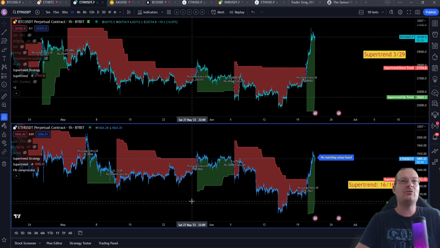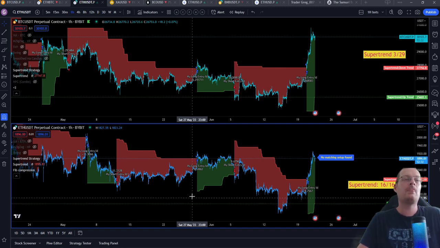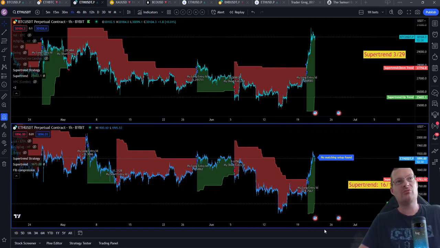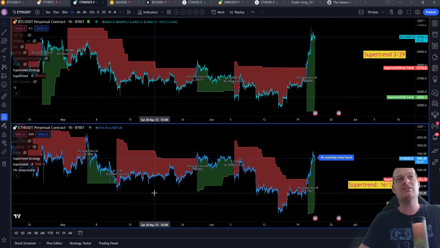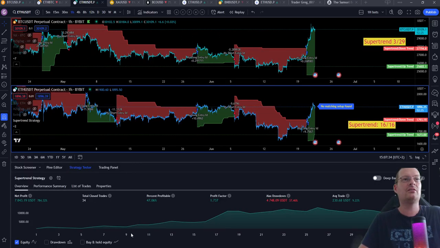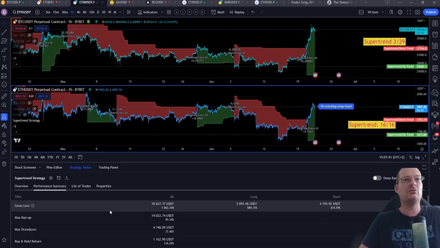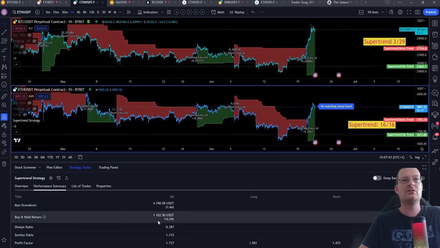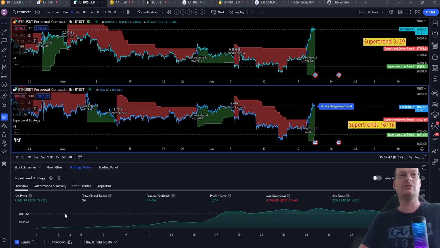So this is one you have to watch closely, because for example, for Ethereum, when I originally tested it, it had a much higher profit rate. Now it dropped to 784, but if we look at the buy and hold, we're at 116, so we're still beating the market. So we're doing 7 times better. So this is something to keep in mind.